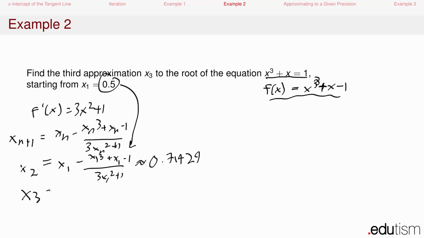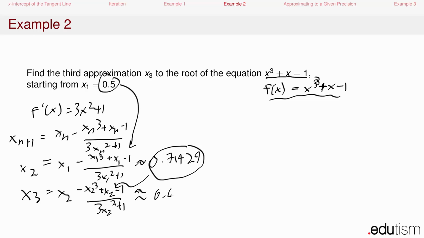Then if we want to find x3, we're going to take x2 minus x2 cubed plus x2 minus 1 over 3 times x2 squared plus 1. So we're basically going to take the 0.71429, plug it in here, and we're going to get a number which is approximately 0.68318. So this is our x3. It's the third approximation to the solution to that equation.